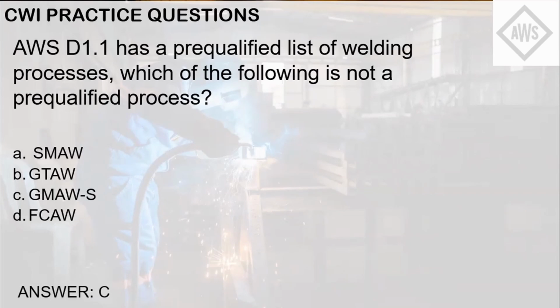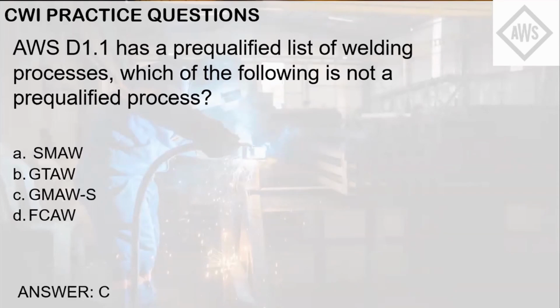Gas metal arc welding short circuiting is not a pre-qualified process because the current and voltage settings for this process are very low. The heat input is so low that the chance of having a discontinuity in the weld is very high.